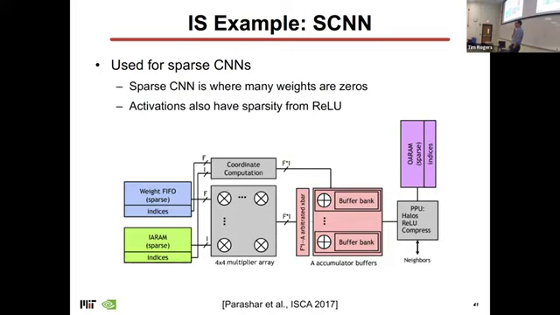What does CSR stand for? Compressed sparse row. So basically, I don't want to store any zeros. I'm just going to store only good values and then store a bunch of indices that point to where those good values should be in the matrix. That's the idea. And then you lay them out as linear arrays. So you're always reading stuff. You never read any zeros. You always read either an index or a good piece of data.